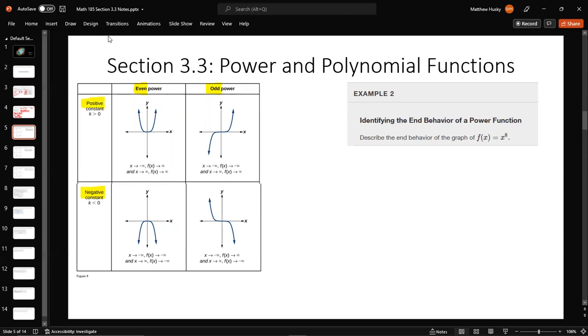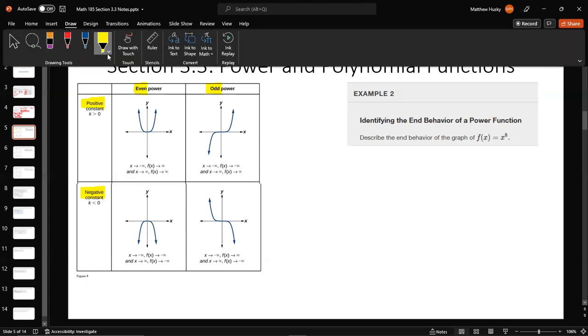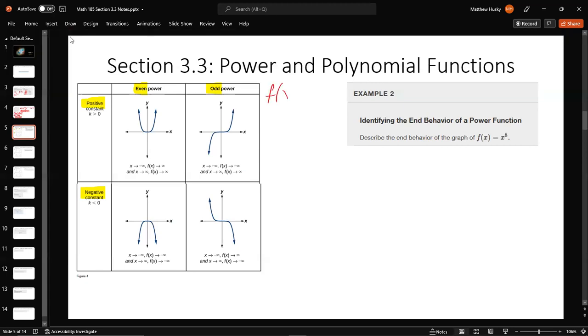So the value of k, is that a positive number or a negative number? And again, just to remind ourselves, the general format for a power function is f of x equals k times x to the p. So we're basically interested in the sign of the k value in front, and then what kind of number p is. Is it an even number or an odd number?